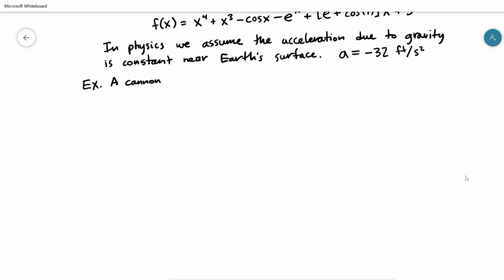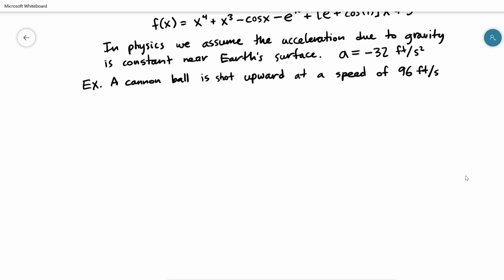So a cannonball is shot upward, so straight up, at a speed of, at least initially, 96 feet per second.